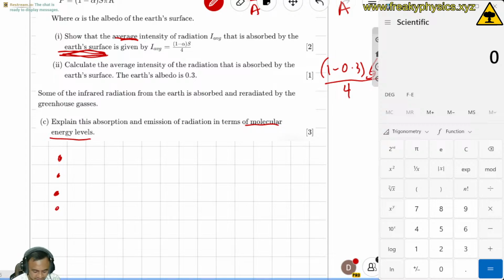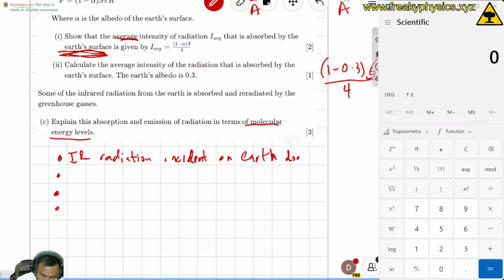So the first mark is that the infrared radiation incident on Earth does not match. So let's add the word here: infrared radiation energy incident on Earth. I'll put that in brackets.